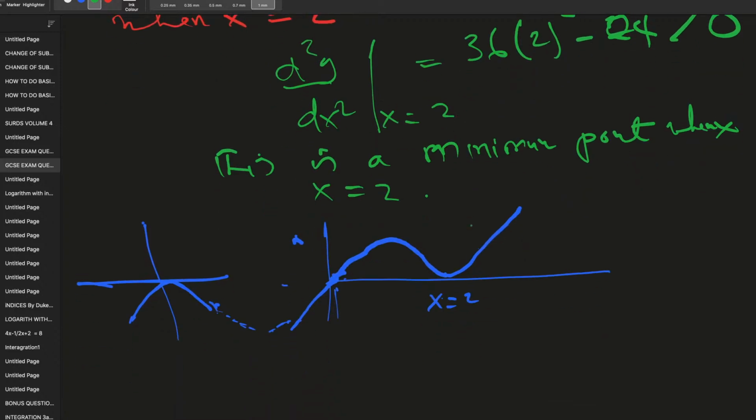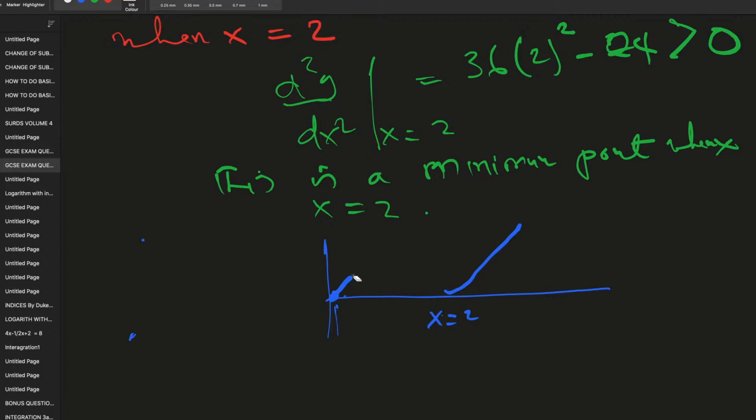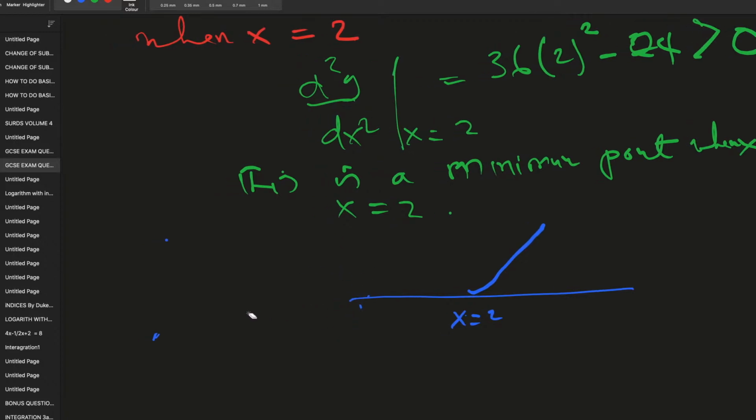If we want to do a proper sketch, our sketch will be roughly like this.